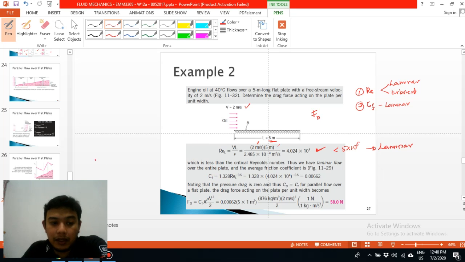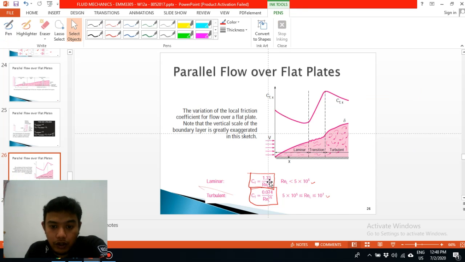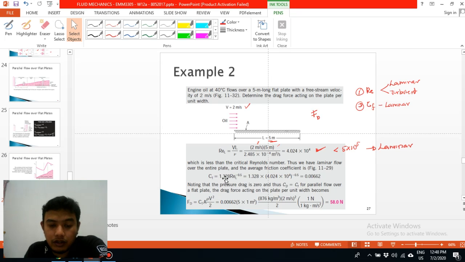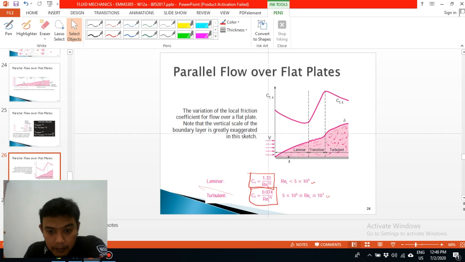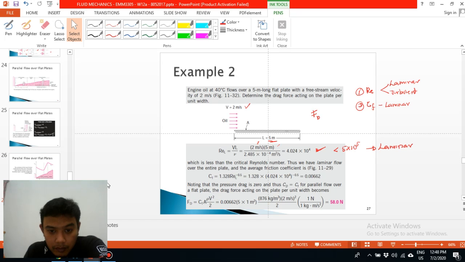Okay, for laminar, the formula of CF, the coefficient of friction, is 1.328 divided by the square root of the Reynolds number. So our number is 4.2024 times 10 to the power of 5.